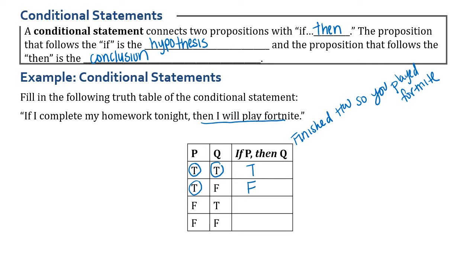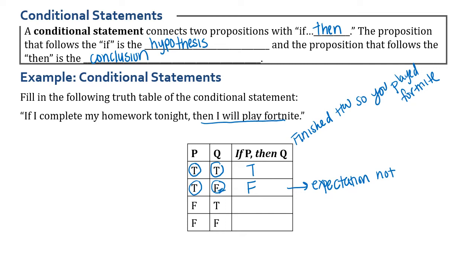If P then Q is false here, because the expectation in this case is not met. We expected to be able to play Fortnite if we finished our homework. Well, we finished our homework and we didn't play Fortnite. So that means that the statement, if you finish your homework, then you will play Fortnite, is a false statement because you didn't end up playing Fortnite.